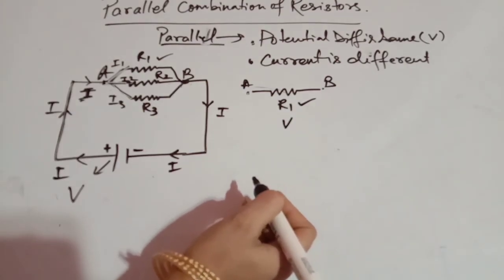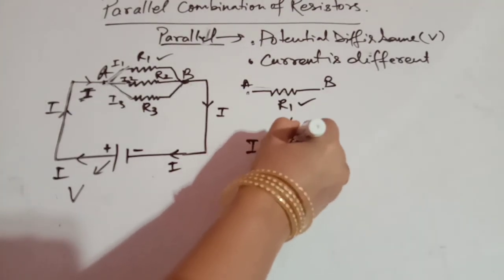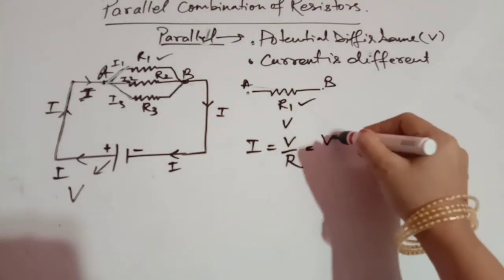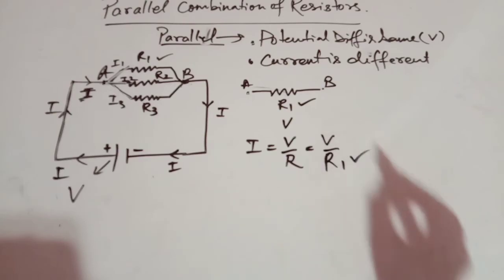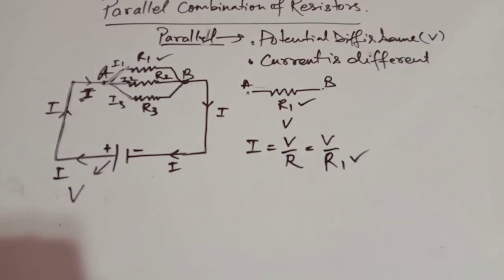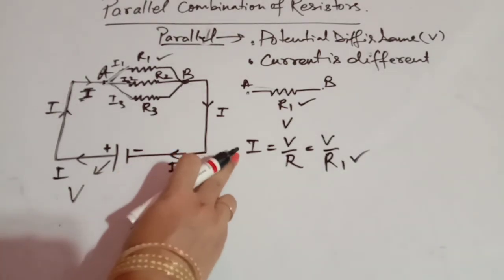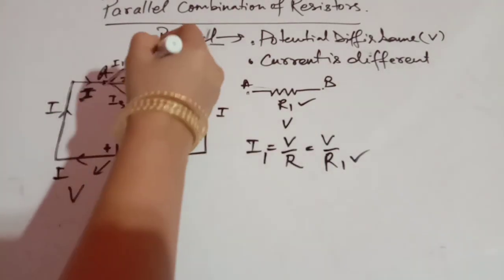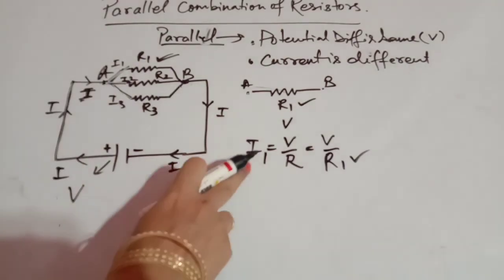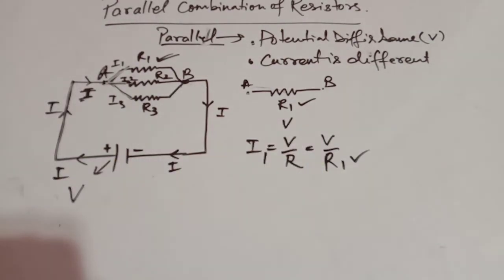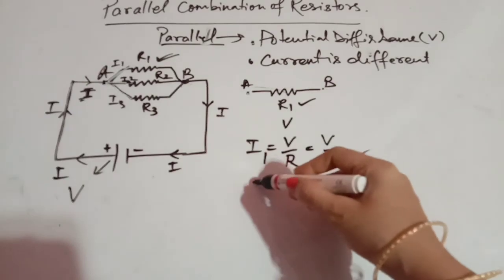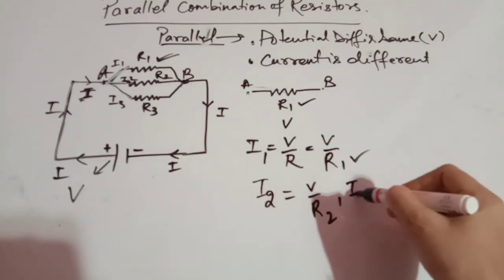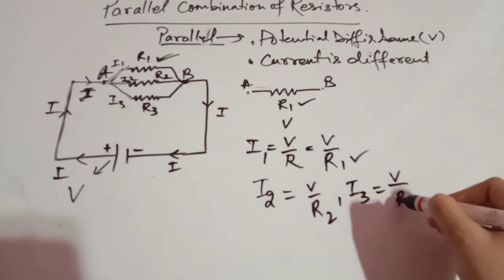According to Ohm's law, I is equal to V by R. So I is equal to V by R1, and because R1, R2, R3 are three different values, we take three different measurements of current, I1, I2, I3. For the first, I1 is equal to V by R1. Similarly, I2 is equal to V by R2, and I3 is equal to V by R3.